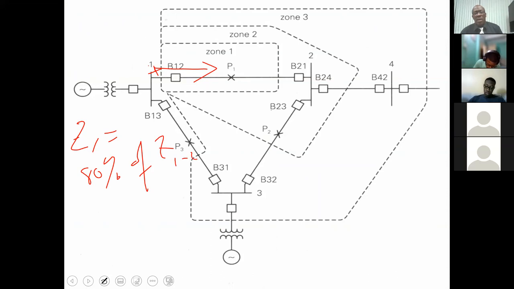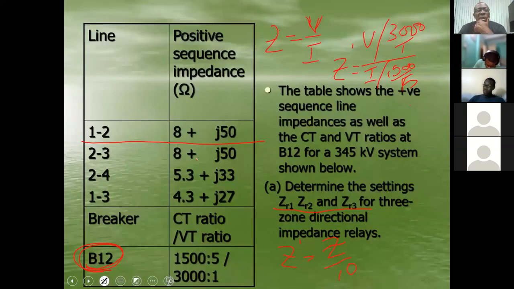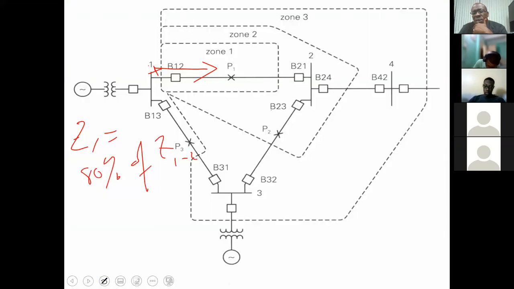All right? And Z12 is 8 plus J50. So 80% of that would be 6.4 plus J40. So Z1 would be 6.4 plus J40.